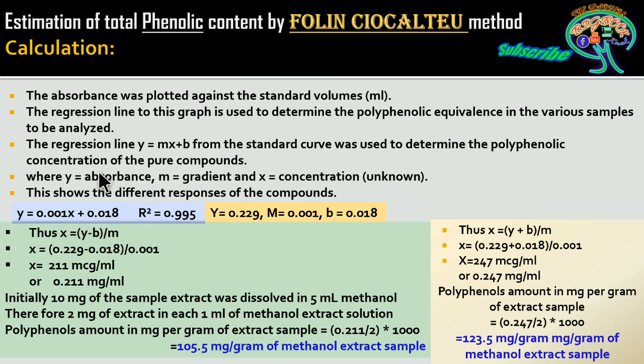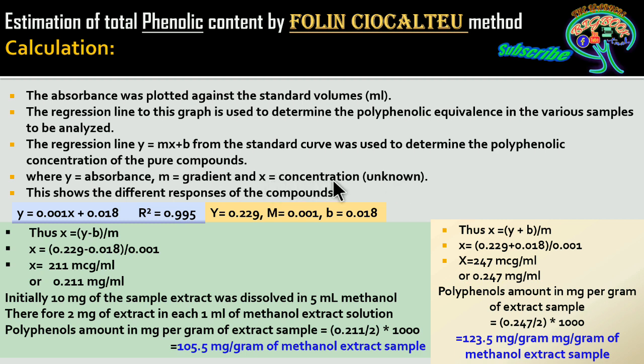Now, in the description of this formula, y is equal to mx plus b: y is the absorbance, m is the gradient, and x is the concentration. So x is the concentration of the unknown, which we are going to calculate.